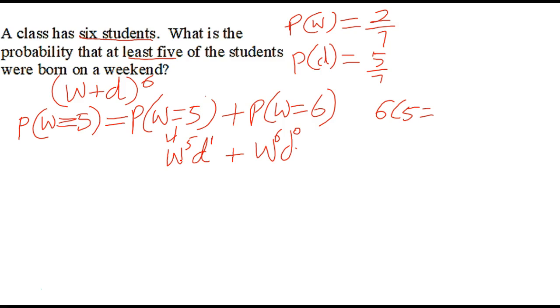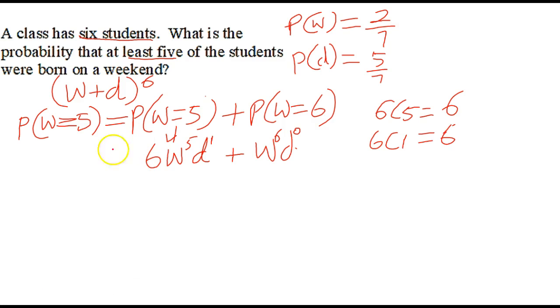If you plug that into your calculator, you should get 6. Or if you like, you can also do 6 choose 1, because 5 being born on a weekend and 1 being born on a weekday go simultaneously. So 6 choose 5 and 6 choose 1 should be the same thing. Either way would work to give you that coefficient of 6.